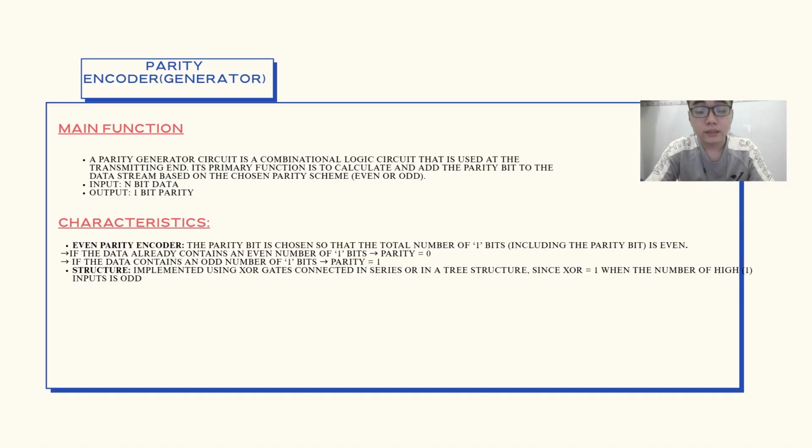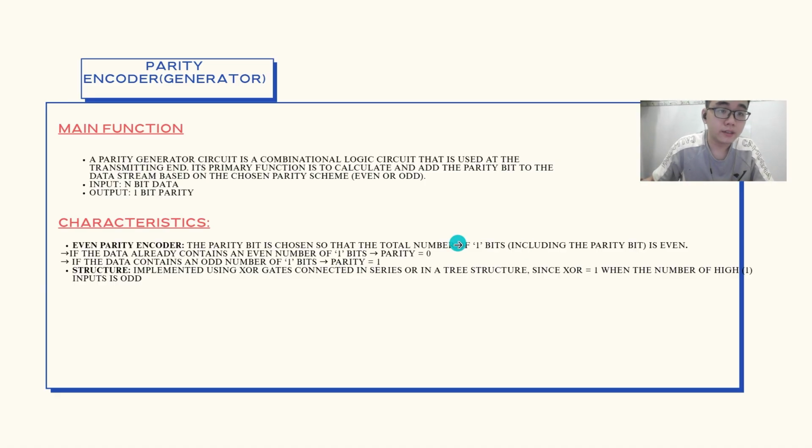Now, let's take a closer look at the component responsible for generating parity bits, the parity encoder. We can say the parity encoder is a parity generator, and it is located at the transmitter side. It receives a set of data bits, computes the parity using its XOR gates, and appends the resulting parity to the data frame.